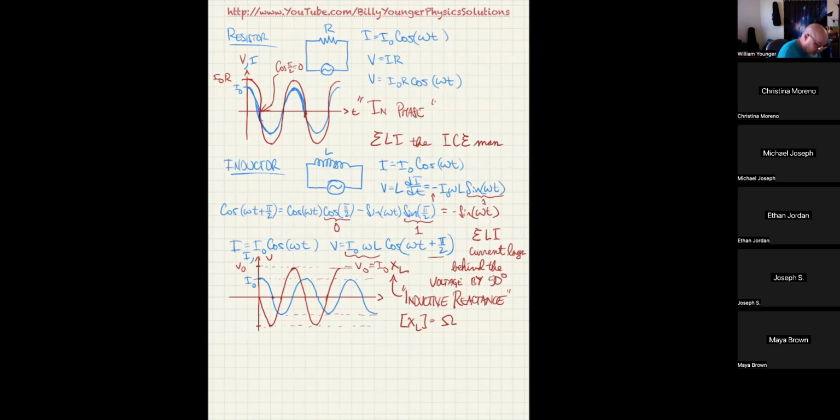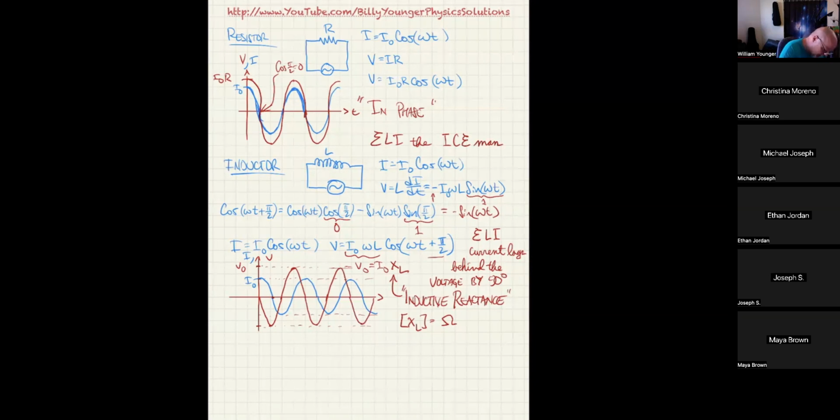And you can see that current is before voltage. That's what the E means, is voltage. So current is before voltage in a capacitor, but voltage is before current in an inductor. And this is actually showing you exactly why that is.